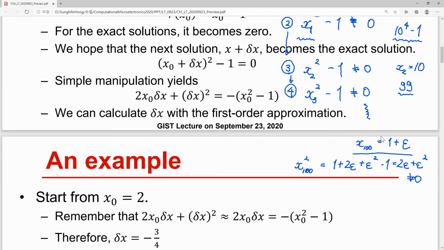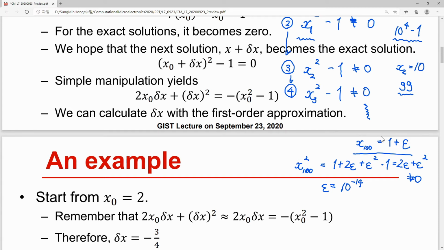But let's say that epsilon is just 10 to the minus 14. Then what will happen? In this case, although your solution is not exactly 1, in numeric sense, you will be satisfied with this number because it is quite close to the realistic solution.